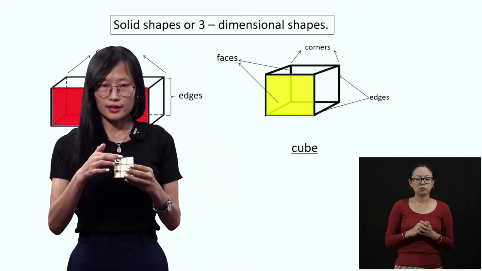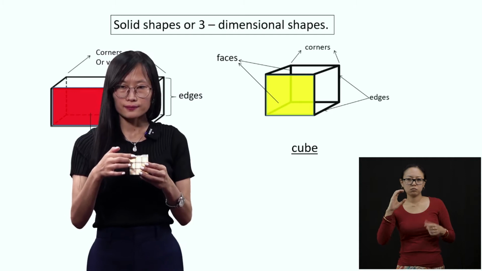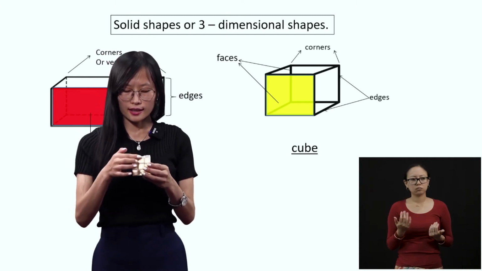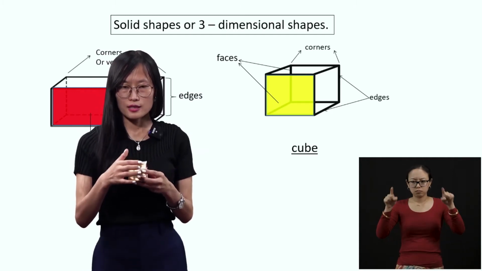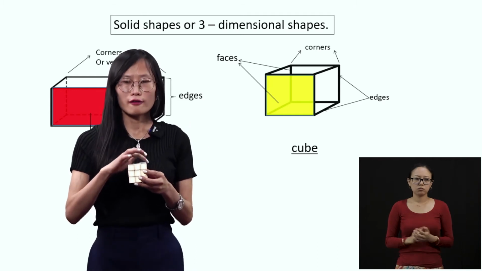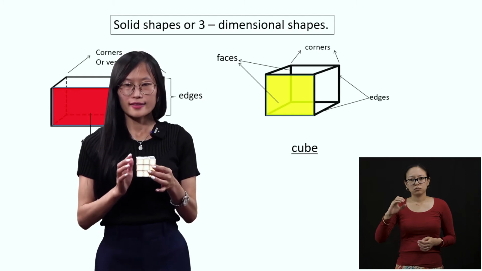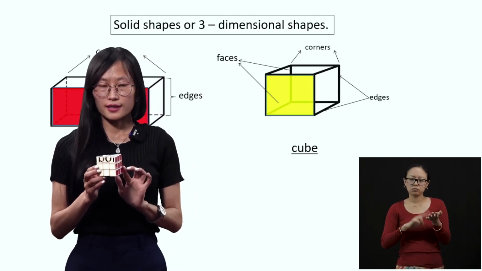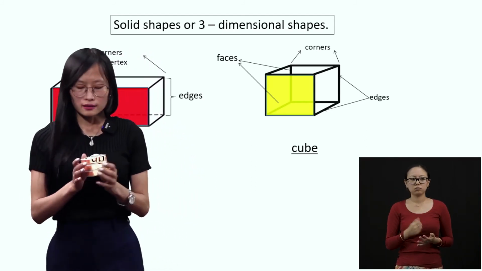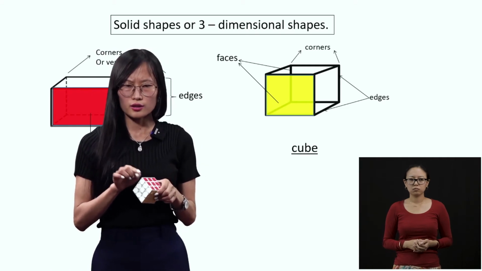And these are the vertices. These are the edges. So you have 12 edges: 1, 2, 3, 4, 5, 6, 7, 8, 9, 10, 11, and 12. These are the 12 edges. And these are the corners or vertices.